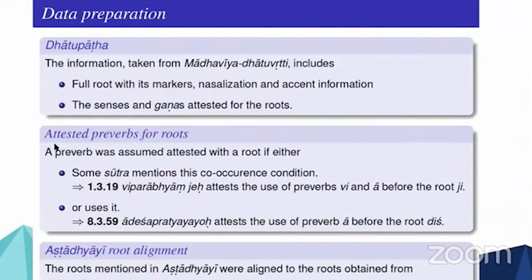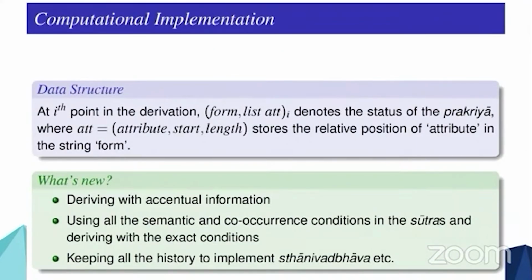For preparing the data, we used the Madhaviya Dhatu Vritti, and then we took the attested preverbs for roots coming from Panini's grammar, and there was root alignment, all thanks to Anuja and Tanuja. In this implementation, we moved slightly from the 2008 implementation. We were saying the prakriya will have a form, the current form, and a list of attributes.